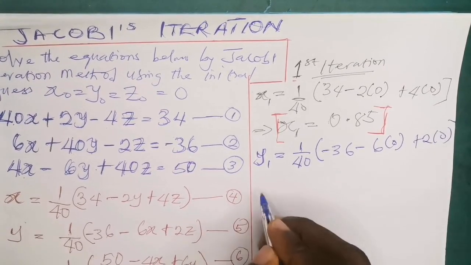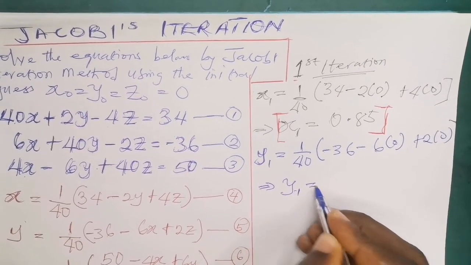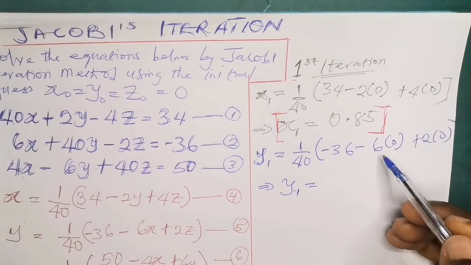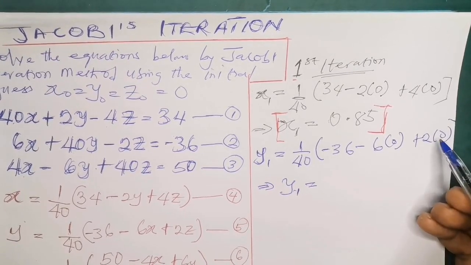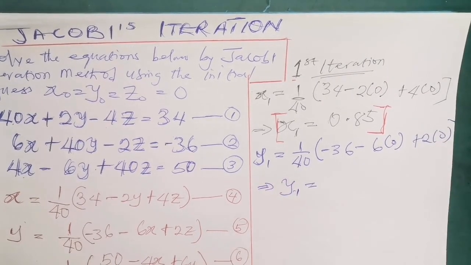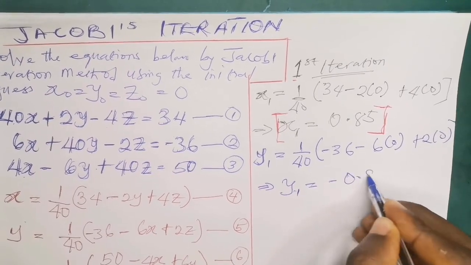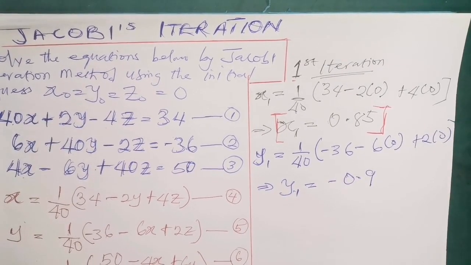So this implies that y1 is going to be equal to, once more, 6 times 0 is 0, and 2 times 0 is 0, so I'm simply left with negative 36 divided by 40. So negative 36 divided by 40 gives us negative 0.9. So y1 is negative 0.9. You keep this value aside.